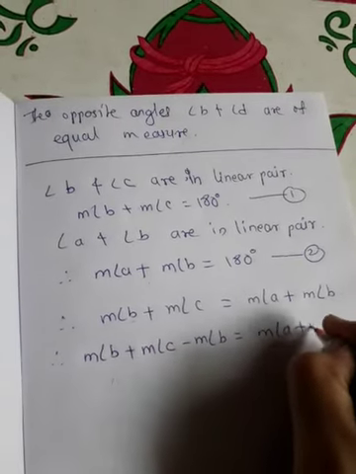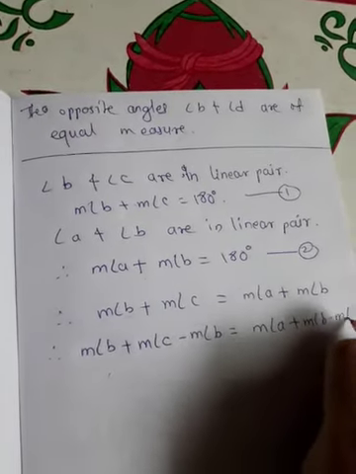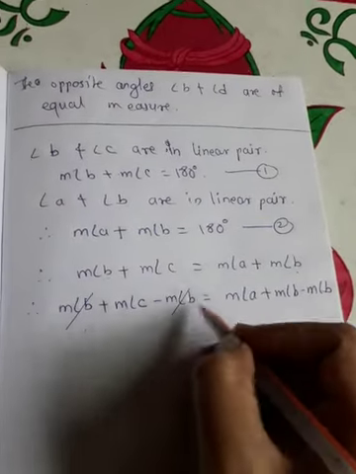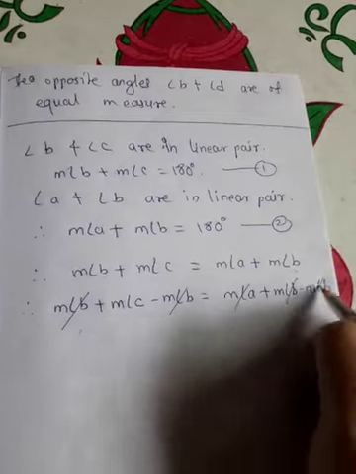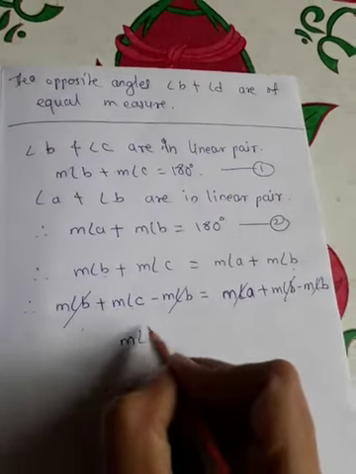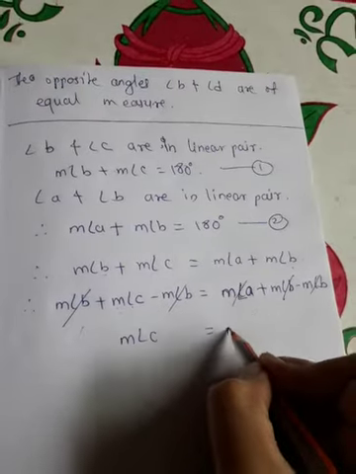Now this term and this term get cancelled. Okay, so what remains? The measure of angle C is equal to the measure of angle A.